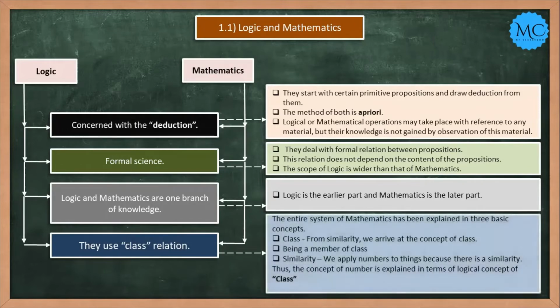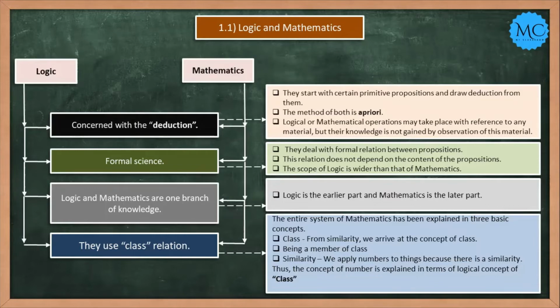Now, the entire system of mathematics has been explained in three basic concepts: class, being a member of a class, and similarity. Similarity is that we apply numbers to things because there is similarity. Suppose you are talking about weight, and you give a number to each person, like 54 kgs and 70 kgs. Both are expressed in numbers.